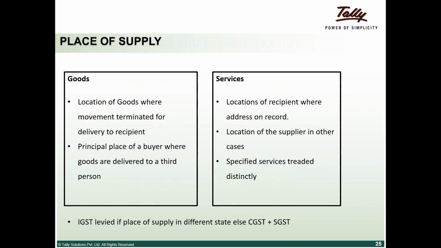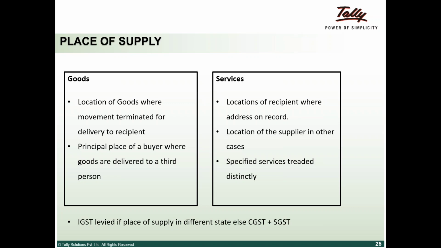Place of supply rules are an important aspect as far as IGST is concerned, because they determine whether the transaction has taken place within the state, where CGST and SGST are applicable, or between two states, where IGST is applicable.